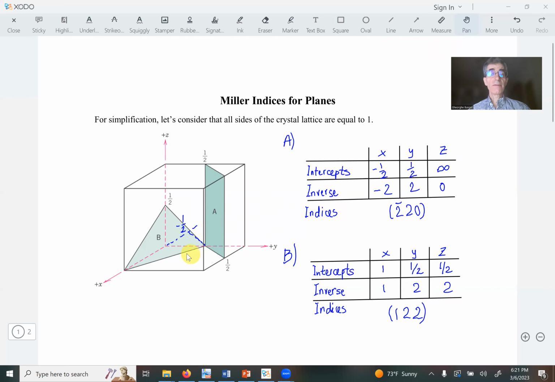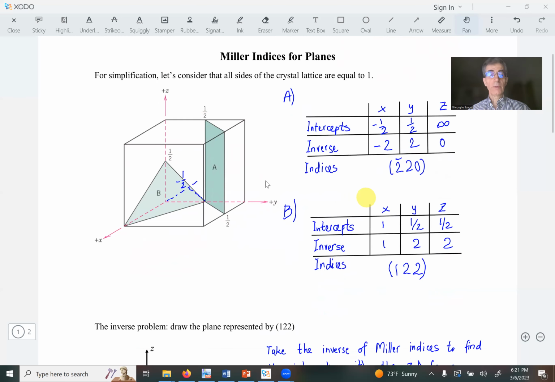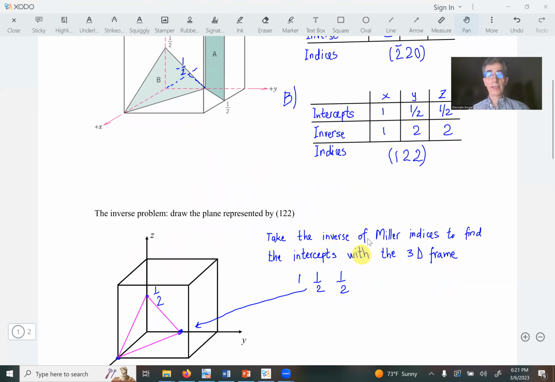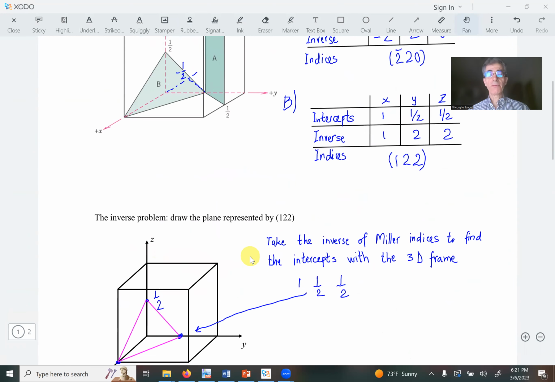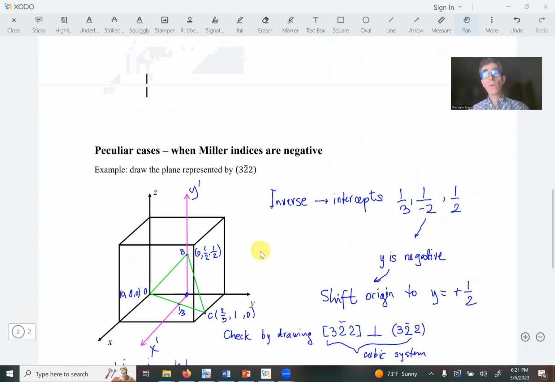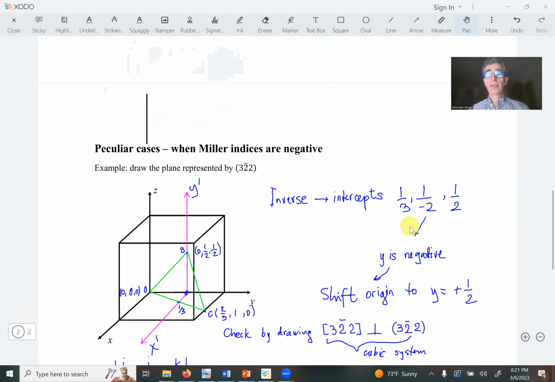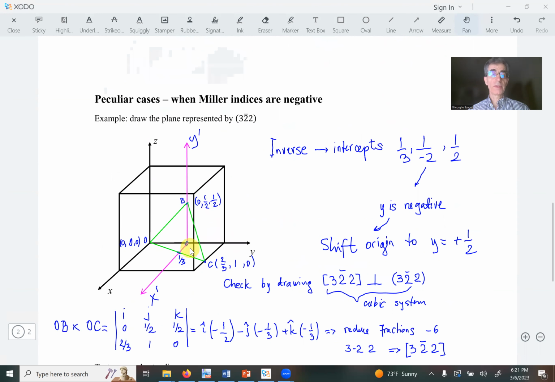When it's negative, we either continue outside of the crystal lattice to find the intercept, moving beyond the crystal lattice, or we can use the technique from the previous video and move the origin.